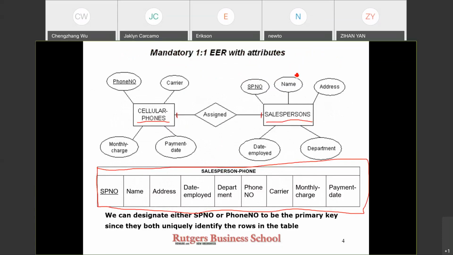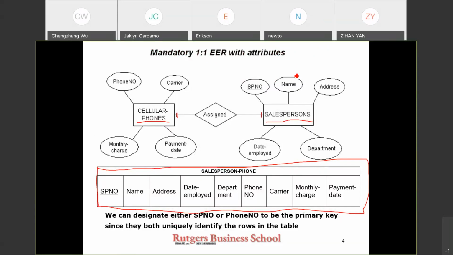So in this diagram, we have two entities, cell phone and salespersons, we know that the relationship is mandatory one-to-one.